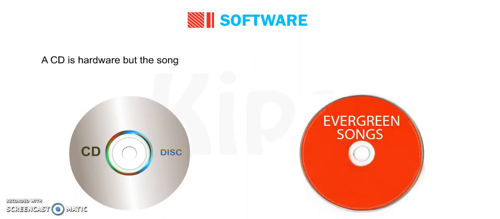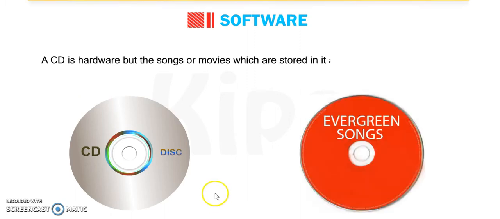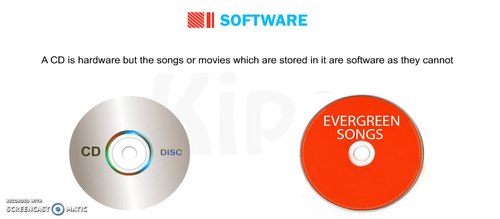We cannot see software. Software is that part of a computer which cannot be seen and touched because these are programs. A CD is hardware, but the songs or movies on it are software, which we cannot touch.